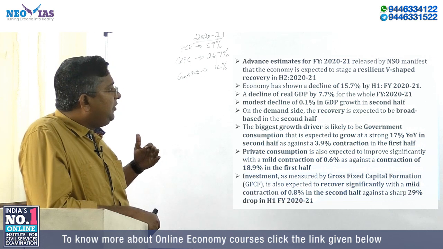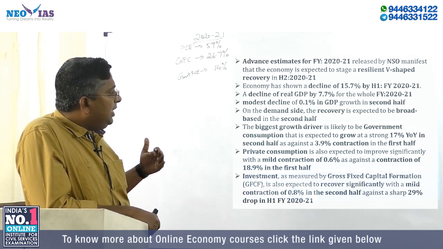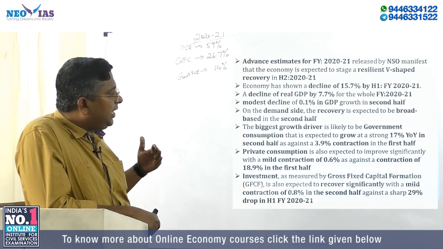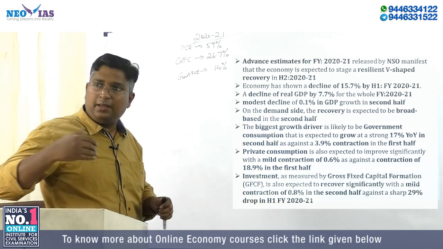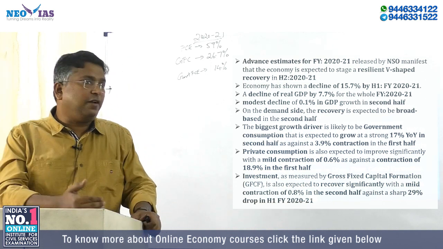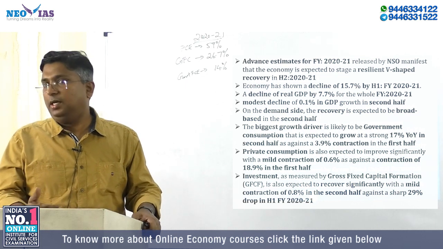So the advance estimate for the financial year 2021 released by NSO says that the economy is expected to stage a resilient V-shaped recovery in the second half. See, I told you in the first half there is contraction, but the recovery will start in the second half.